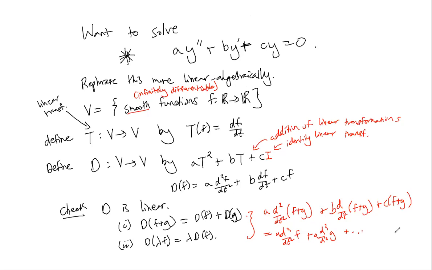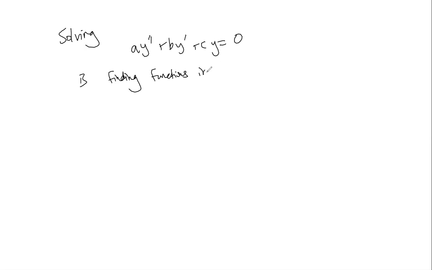So solving a y double prime plus b y prime plus c y equals 0 is finding functions in V that satisfy D of y equals 0.